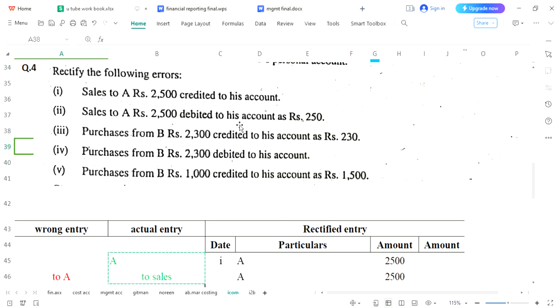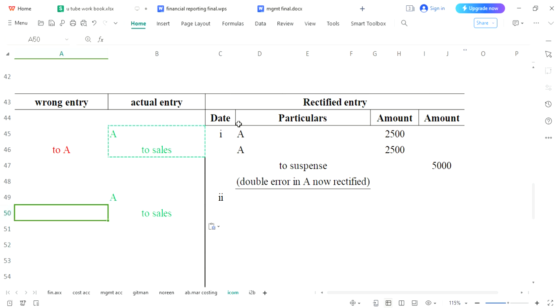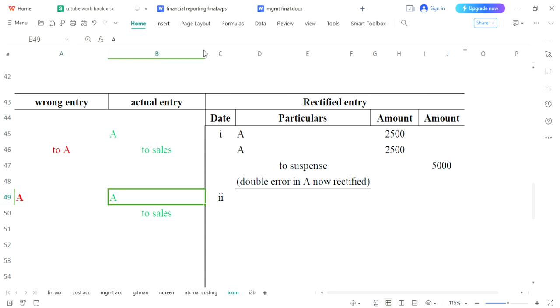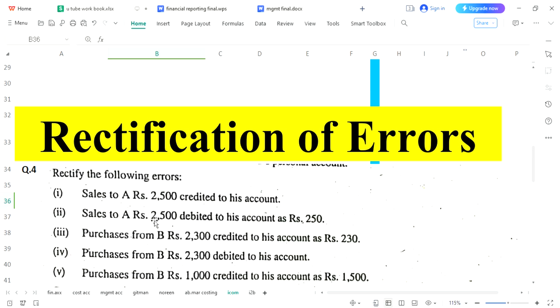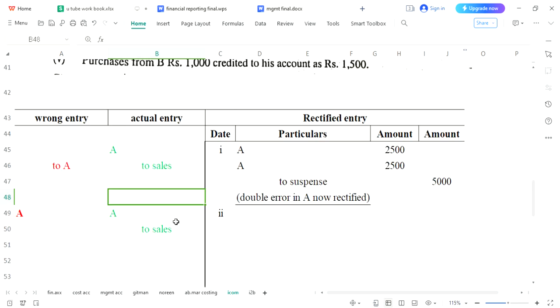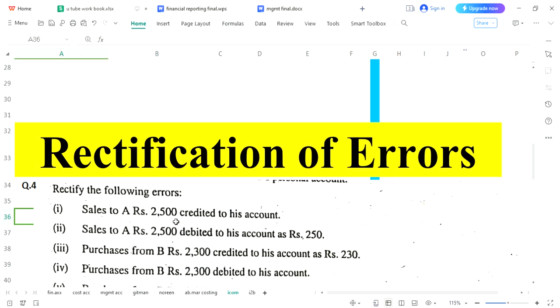But what is the mistake then? We have debited A as well. Now where is your mistake? Original amount of A was 2500. So you were supposed to write 2500 with A. But instead of 2500, you have written 250.